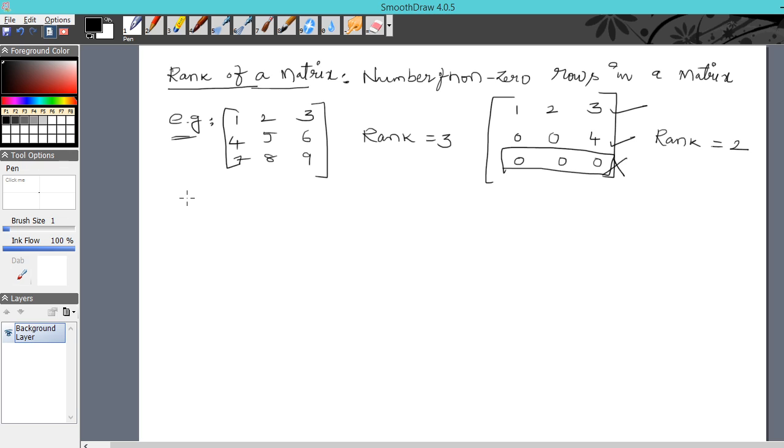Next, how to calculate this rank of a matrix? To calculate rank of a matrix, we have two methods. One is echelon form and second one is normal form.